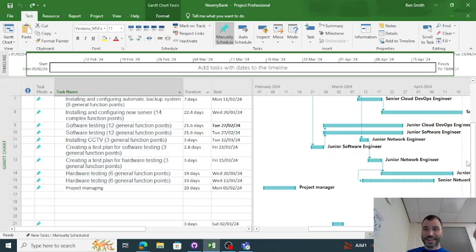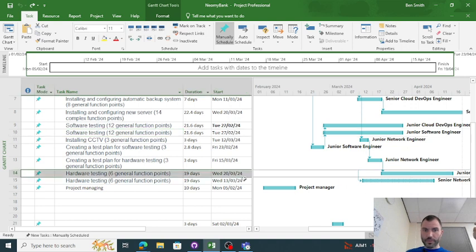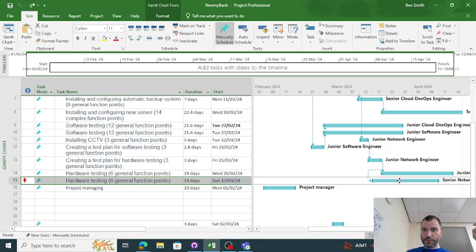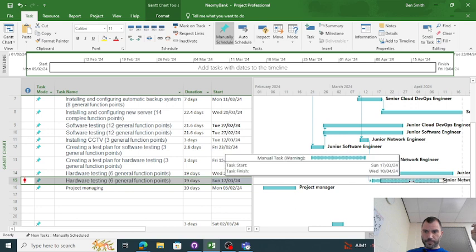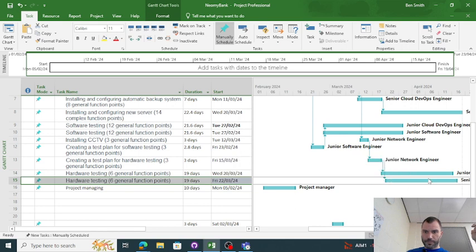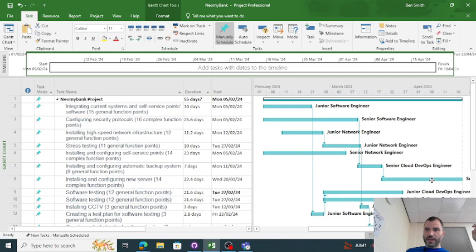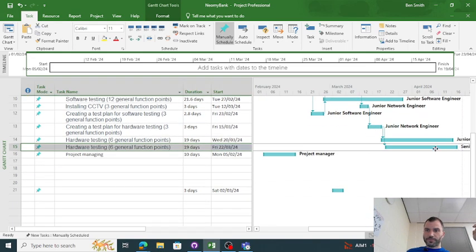Because if you look on the Gantt chart, for example, software, this guy here, the senior, so I need to move him here actually, and yeah, basically that's the end of the project.